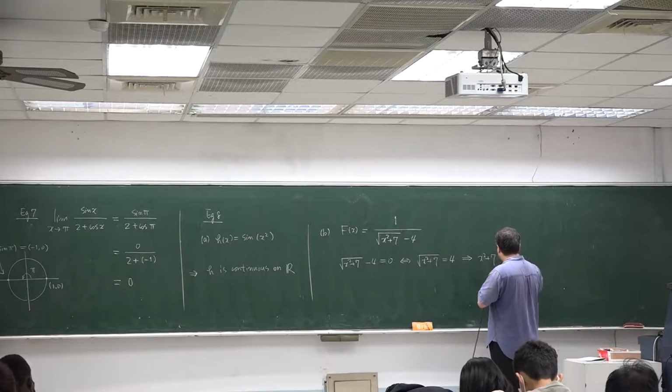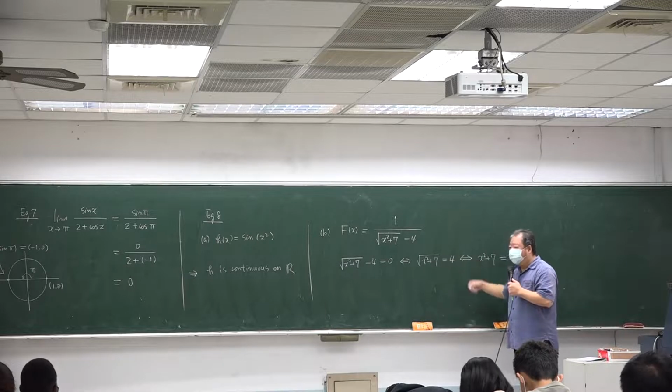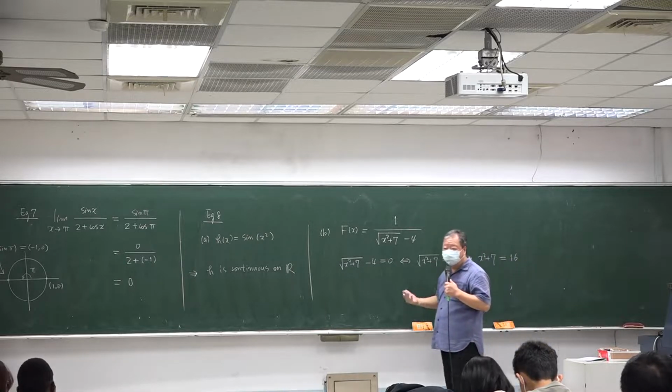Take the square root. The square root of 17 is exactly this one, because the square root gives the non-negative value.